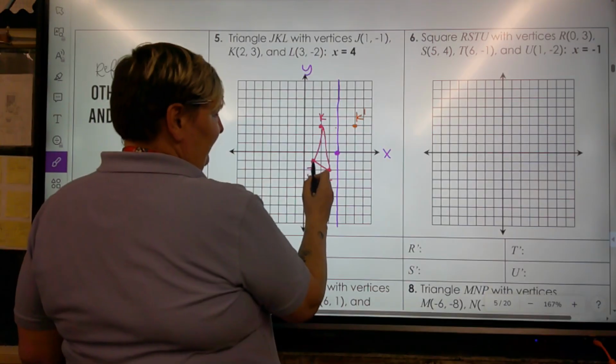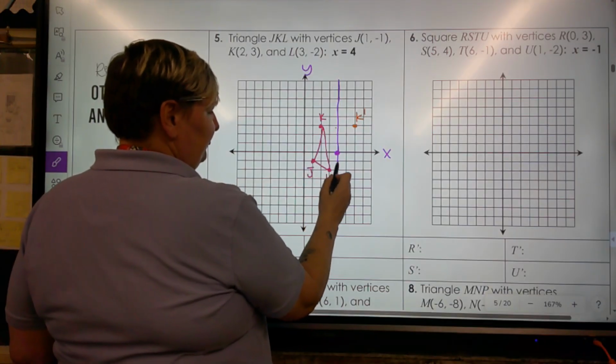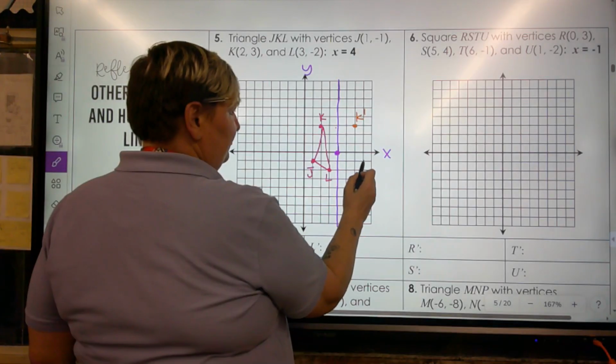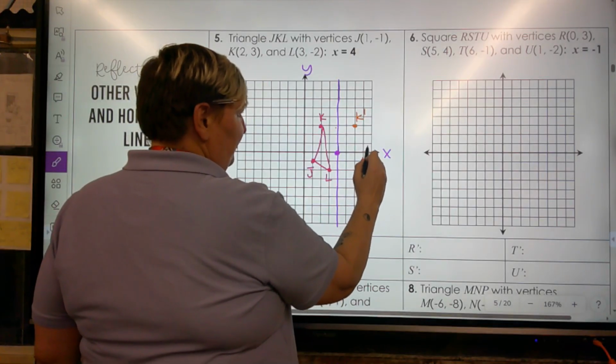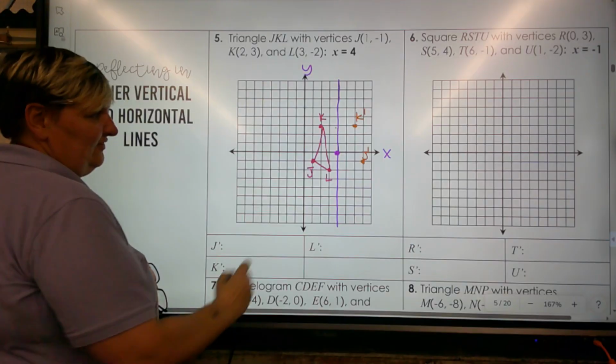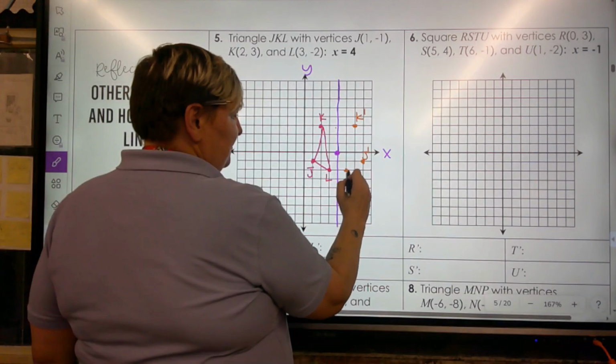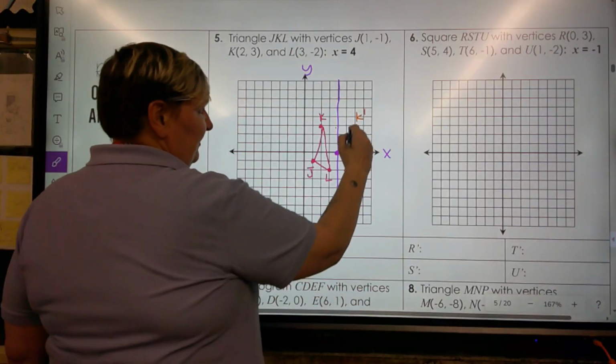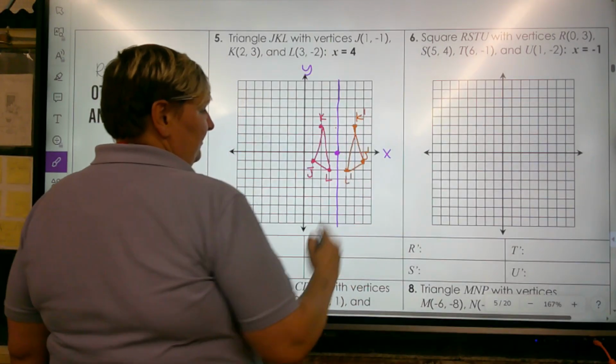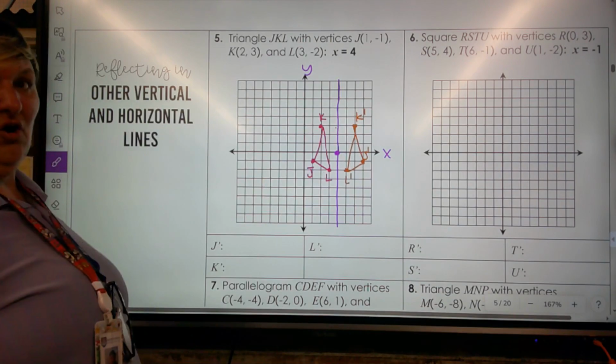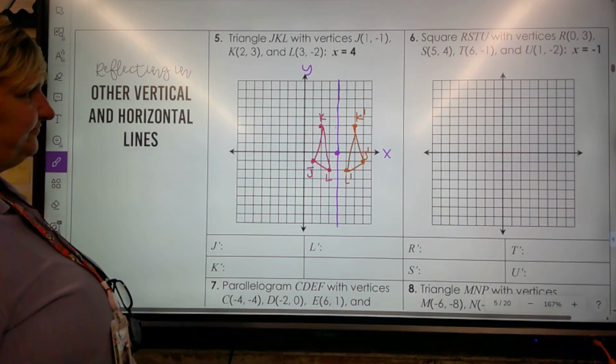How far is J from the line of reflection? 1, 2, 3 spaces. So that means I need to go 1, 2, 3 spaces to get J prime. L is 1 space. So L prime is 1 space. And then when I connect them, it looks like I flipped it directly over the line of reflection.